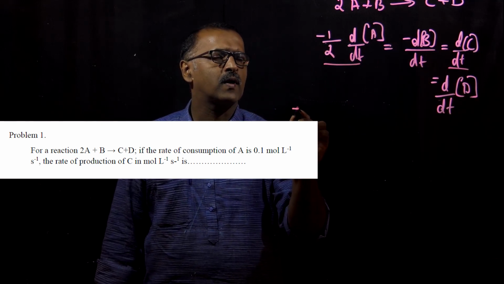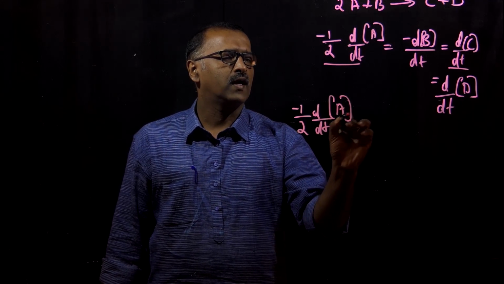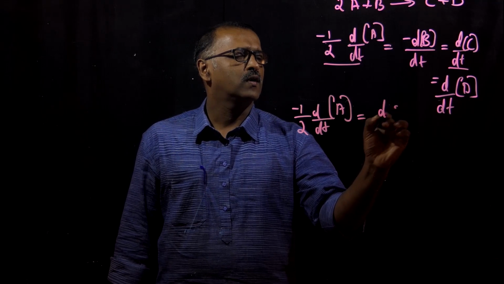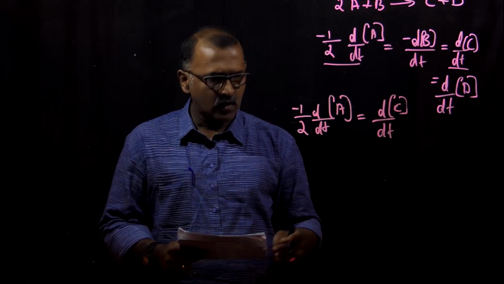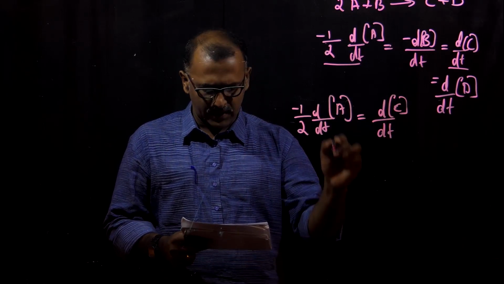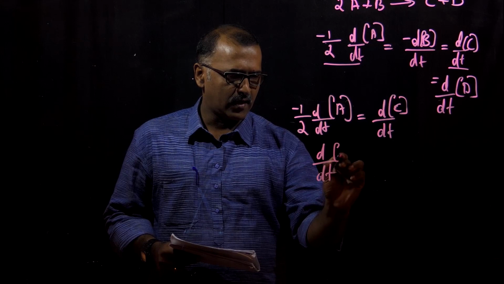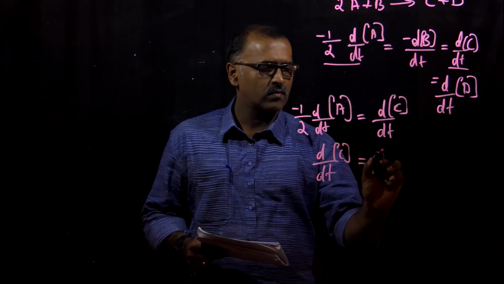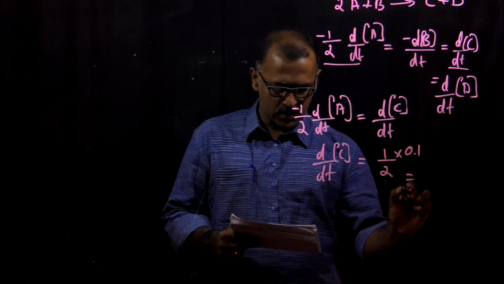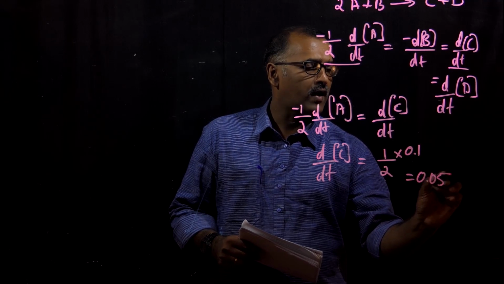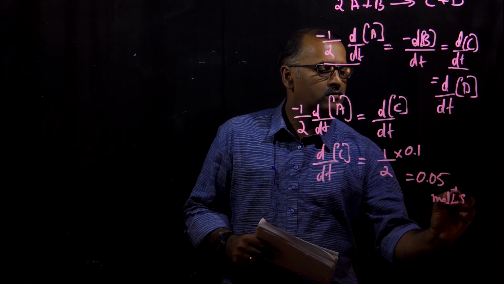Minus 1 by 2 d by dt of A will be equal to d by dt of C, or d by dt of C will be equal to 1 by 2 into 0.1, which will be equal to 0.05, and the units will be mole liter minus 1 second minus 1.